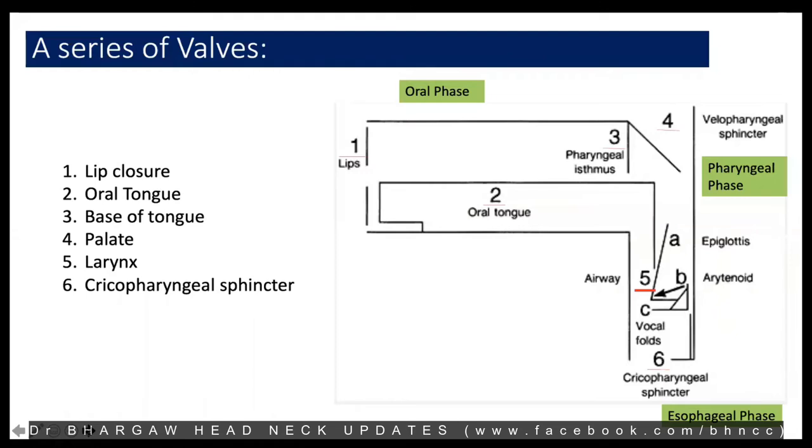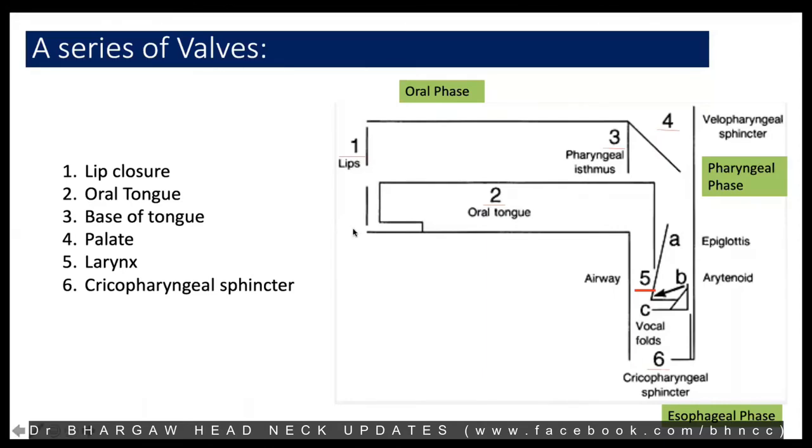Okay, if you consider the whole of the aerodigestive tract in this particular picture, you can say that there are 6 valves, a series of valves, which start from the lip, the oral tongue, pharyngeal isthmus, velopharyngeal sphincter, larynx, and the cricopharyngeal sphincter.